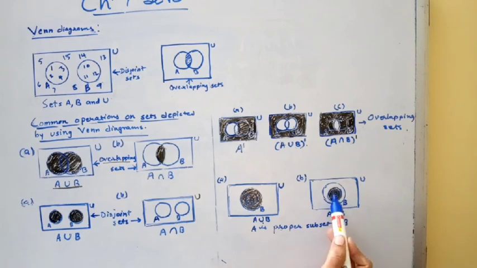So we shade here the portion of the set A.